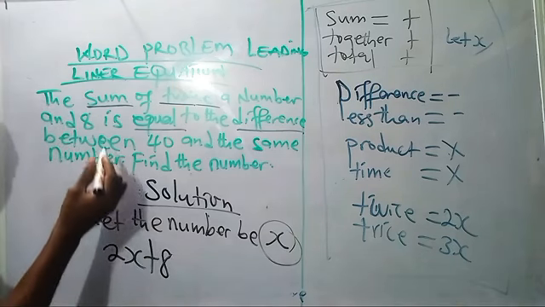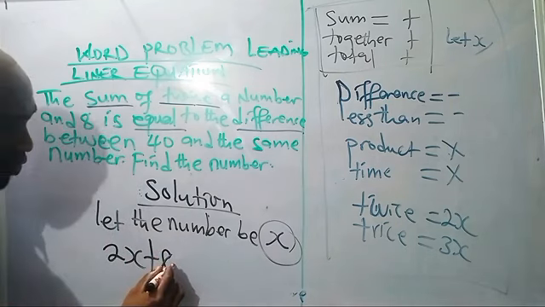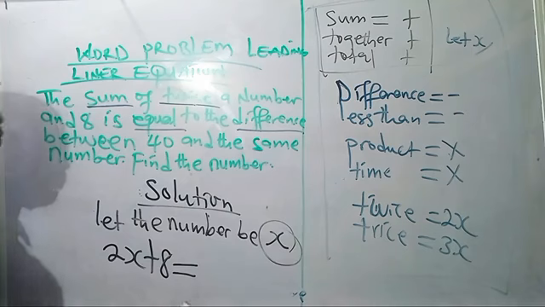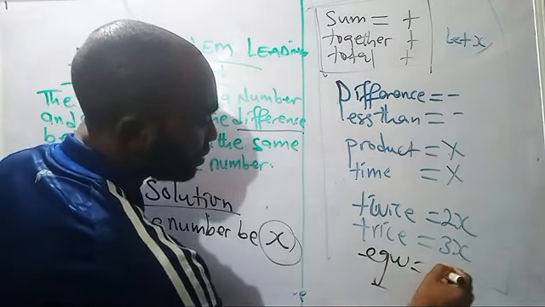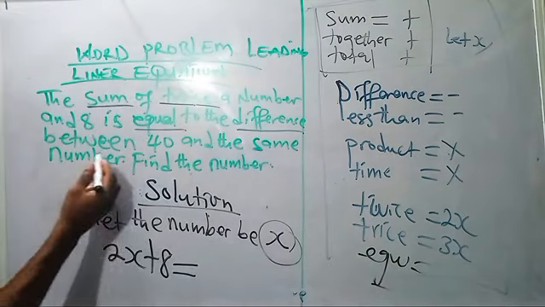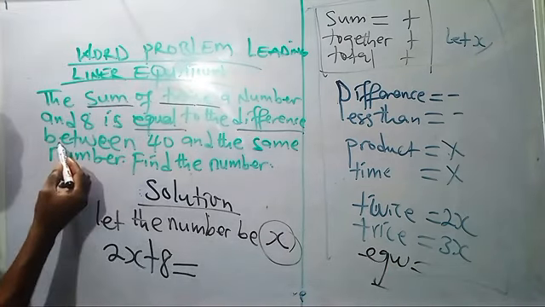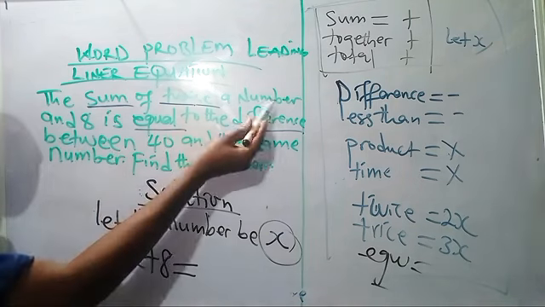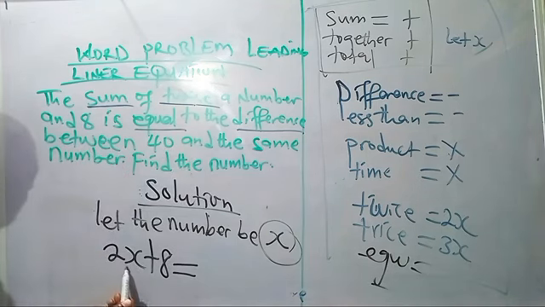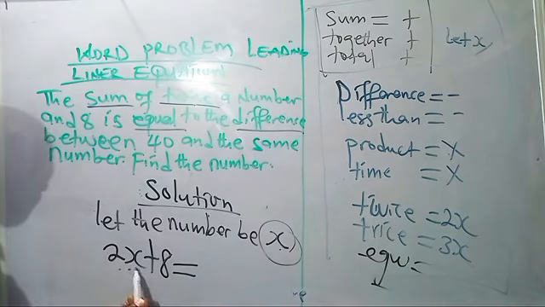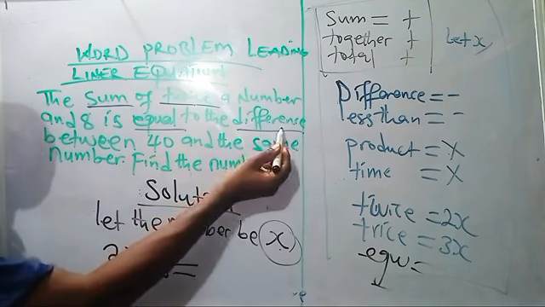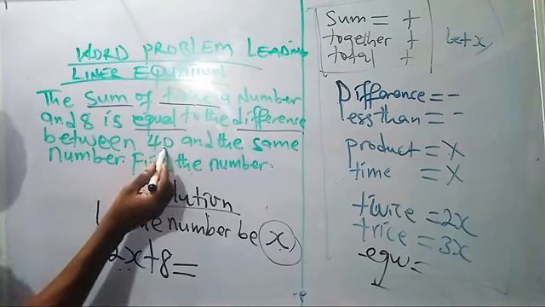Is equal to. I forgot to mention, equal to is this sign. So now the question says the sum of twice a number and 8: twice a number is 2 times x, and 8, is equal to the difference between 40.